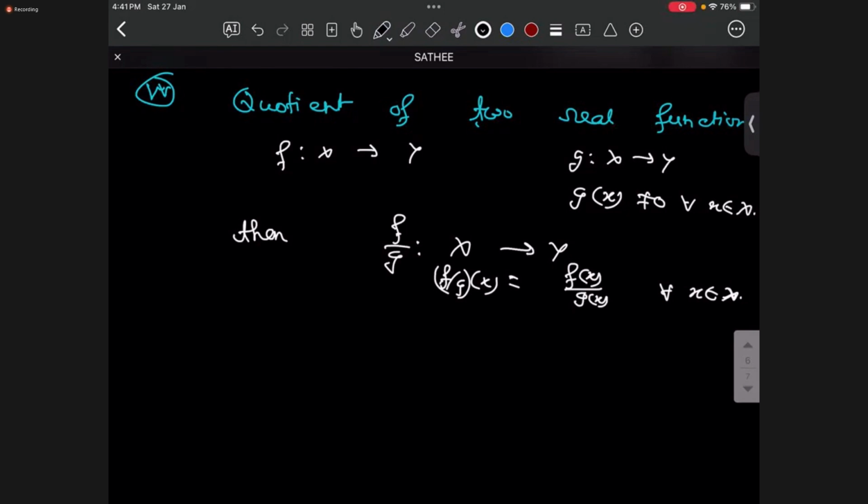Because if for any x g x becomes 0, then for that x we can't define f x by g x.